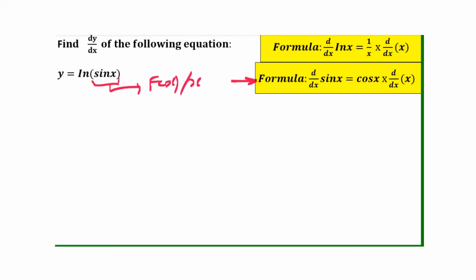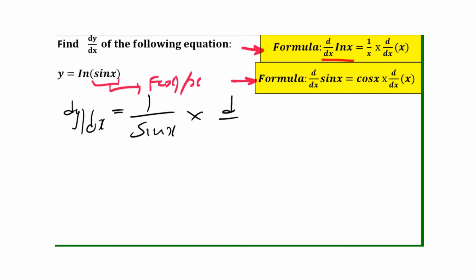So you're just gonna say dy over dx equals to 1 over, you apply this formula right here. It's in your formula sheet. They are saying it's 1 over x. What is our x in this case? It's sine x. Okay, multiply by d over dx.